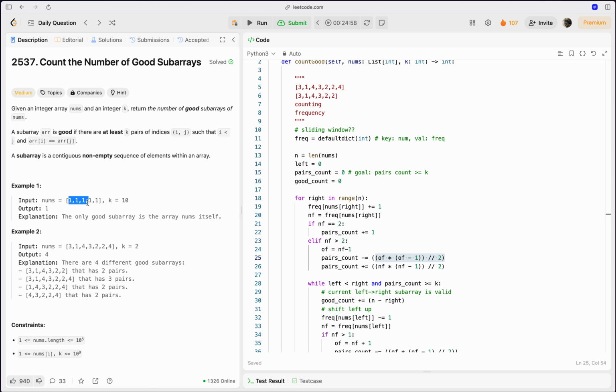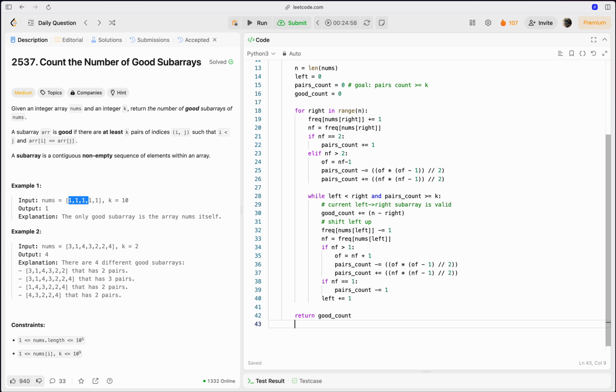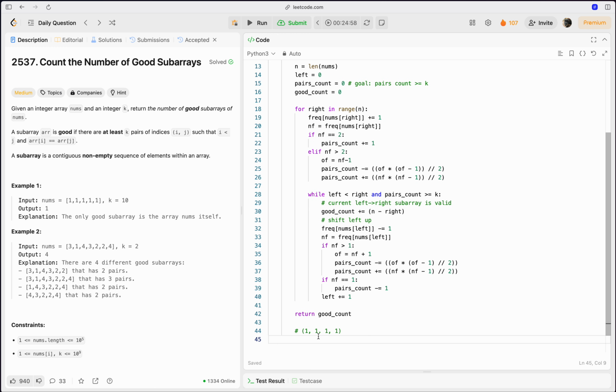But we have to always make sure that the number of pairs is up to date. If we had four of the same number, that doesn't mean there are going to be four pairs. That means there's going to be 4 times 3 divided by 2. There's actually going to be 6 new pairs, right? And that was the biggest part.